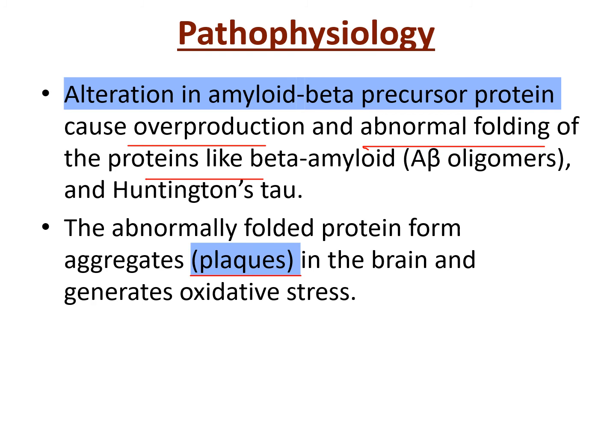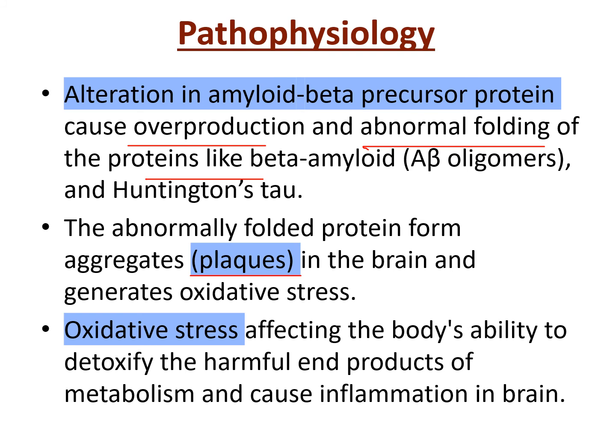So in this disease, plaques or aggregates or abnormal foldings of the proteins occur in the brain, and this causes oxidative stress. Oxidative stress affects the body's ability to detoxify harmful end products of metabolism and causes inflammation in the brain. So, due to the abnormal proteins, plaques occur in the brain, and it leads to oxidative stress, and this oxidative stress leads to inflammation in the brain.